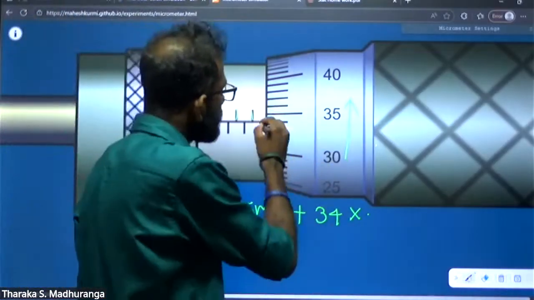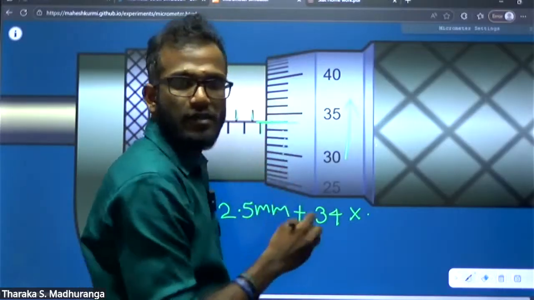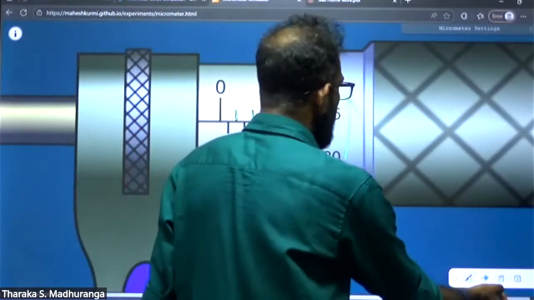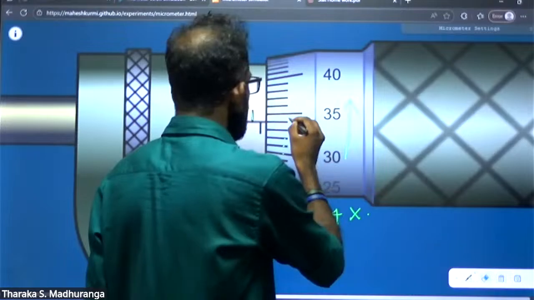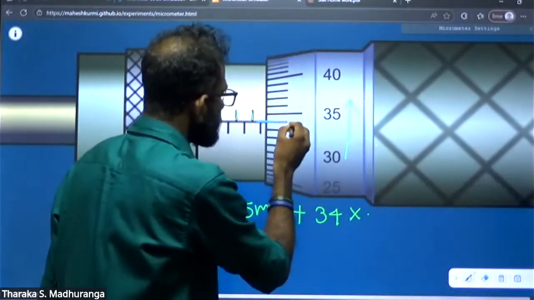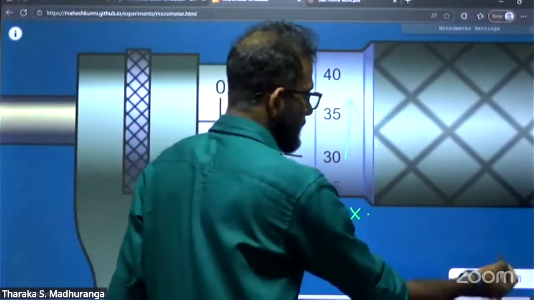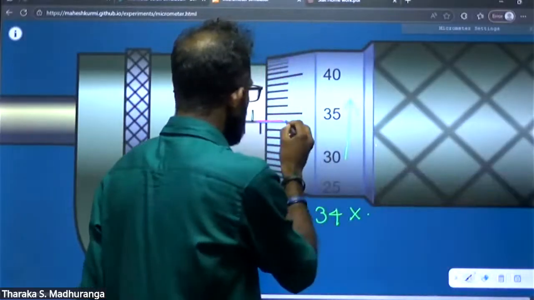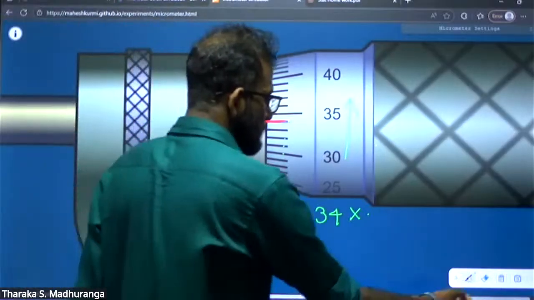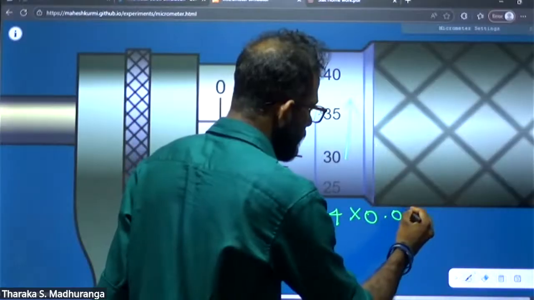The coincide value with the middle axis is what you need to consider. The coincide value with the linear scale's middle axis. See this one, this value. Then 34 times 0.01 millimeter.